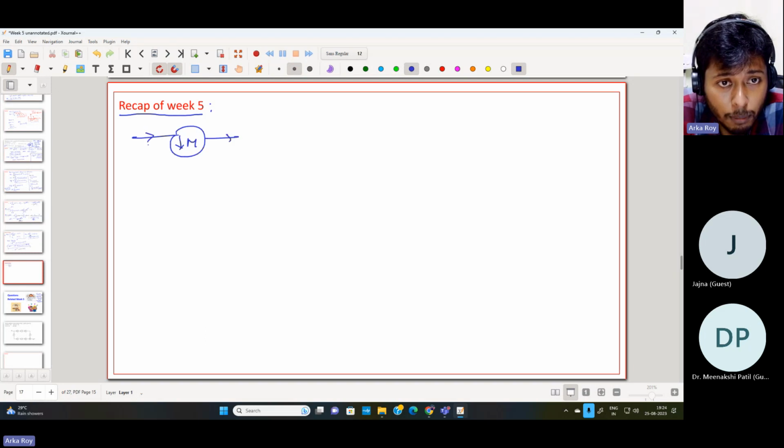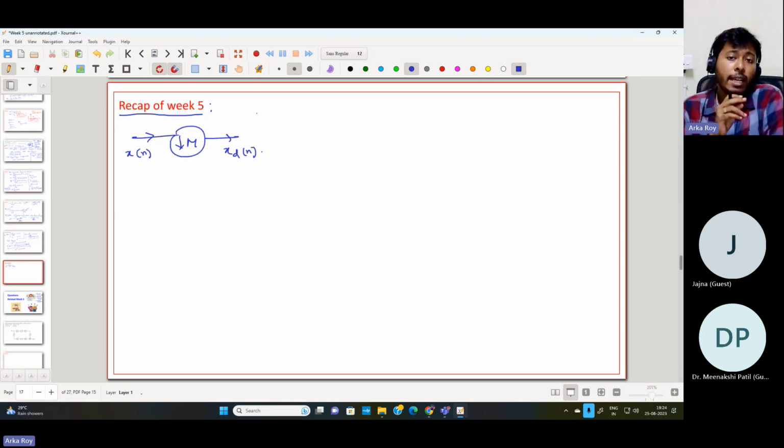If we have a downsampling operation, with x(n) as input, let us consider it is giving you x_d(n), the downsampled version. We need to see what is the relation between x_d(n) and x(n). First, let's talk about why this topic of multi-rate signal processing is relevant and for what purpose we need it. It becomes quite relevant when we deal with signal sampling rate change processes.